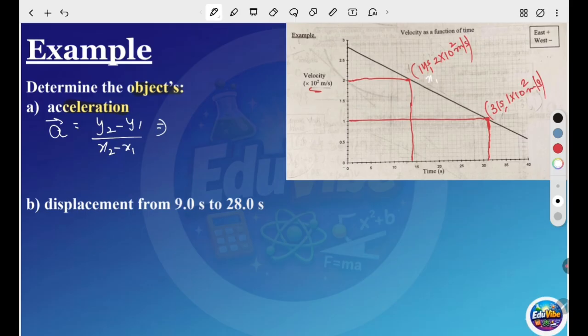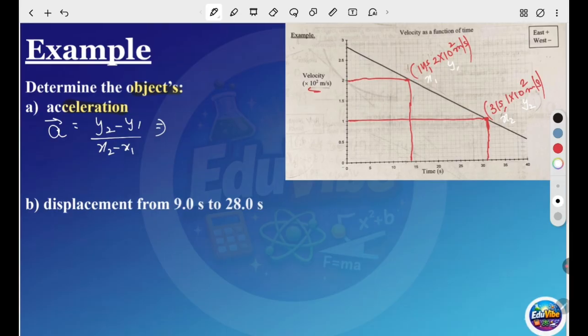So this is your x1, y1. This is your x2, y2. So our y2 minus y1, which is 1 minus 2, and we will put 10 raised to power in common, and there we have 31 minus 14.